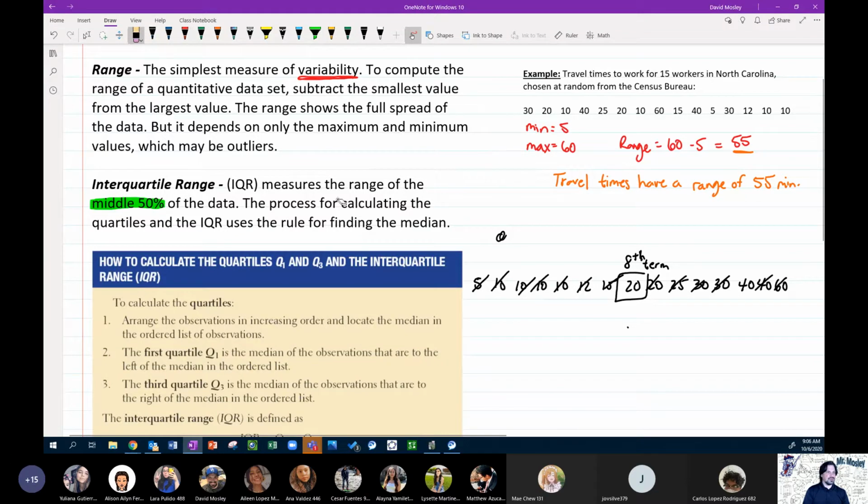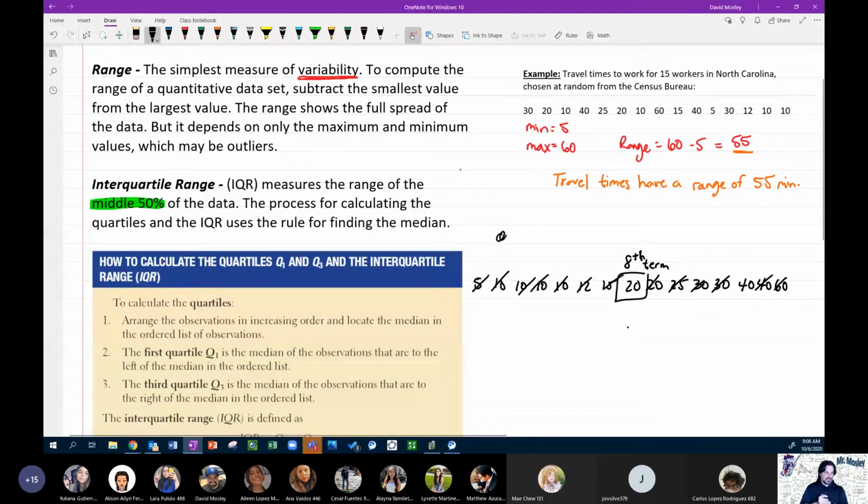Sorry guys, I don't know what's going on with this. Falling behind. All right, well, either way, I'll fix that later.